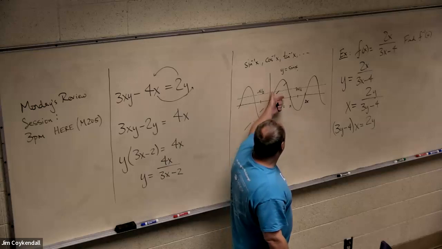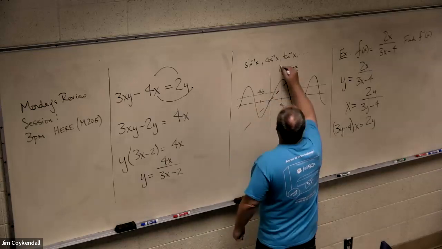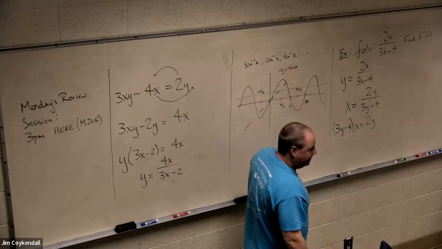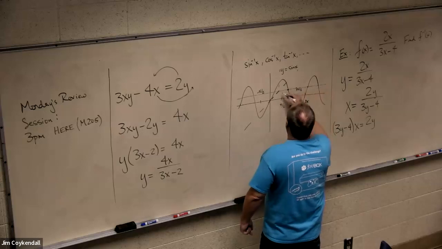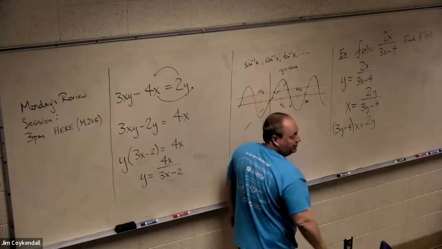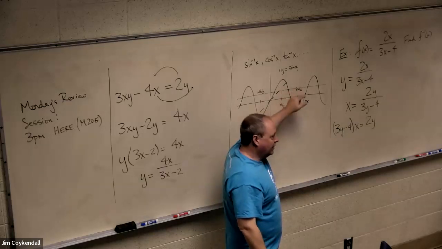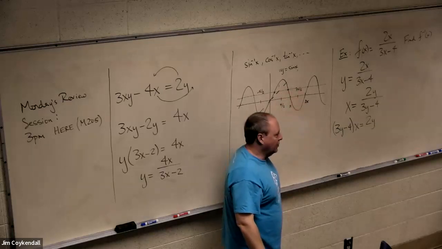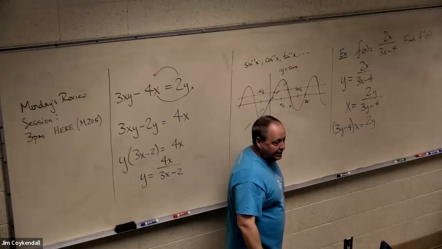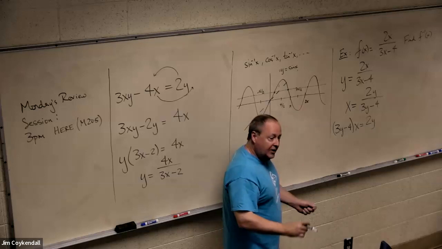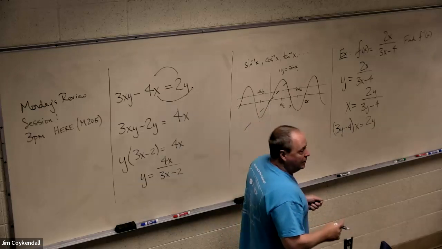So if I reflect this around the line y equals x, that horizontal line will now be vertical, and it will pierce this new drawing in infinitely many places. So it's no longer a function, because it fails the vertical line test very badly. That's how the horizontal and vertical line tests are related.